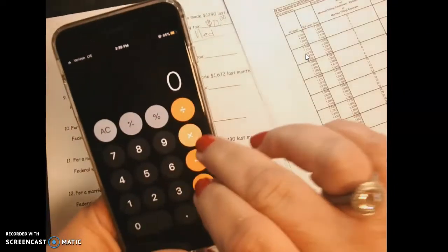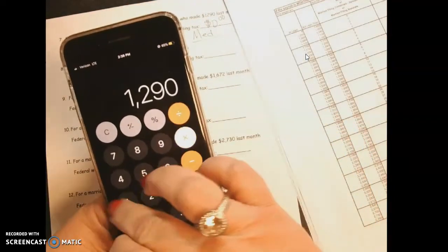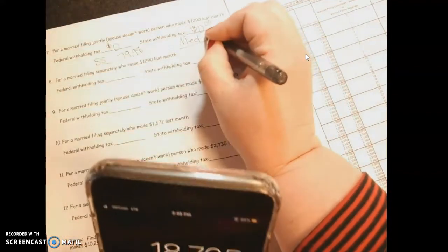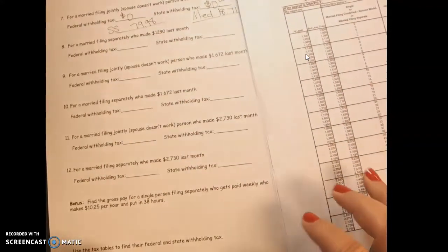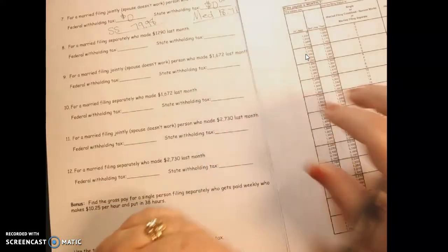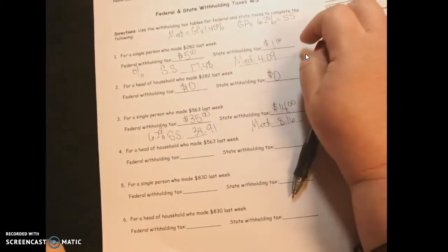I can't get this to work. Now we're talking, $18.71. Okay? This should be able to finish federal withholding taxes. Okay? State and Medicare and Social Security.